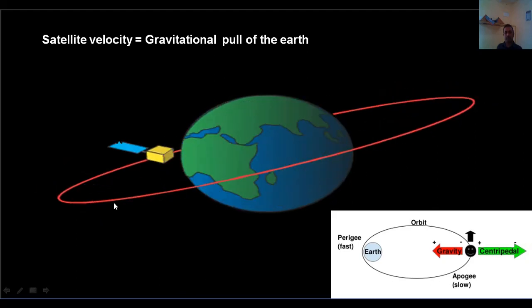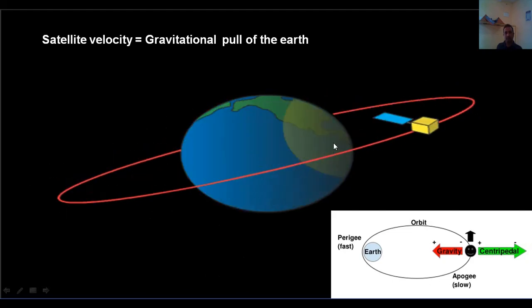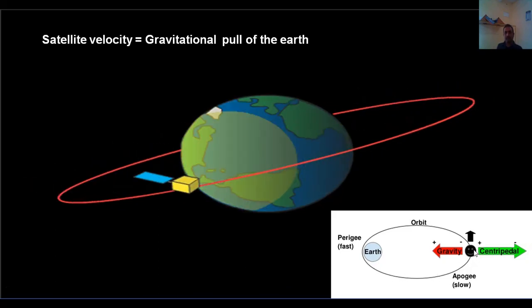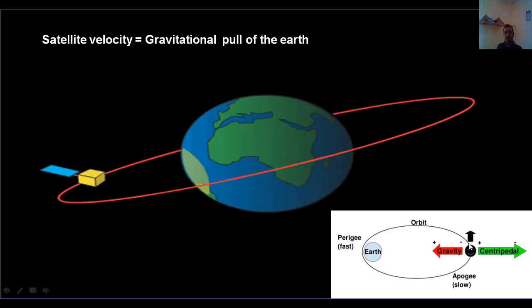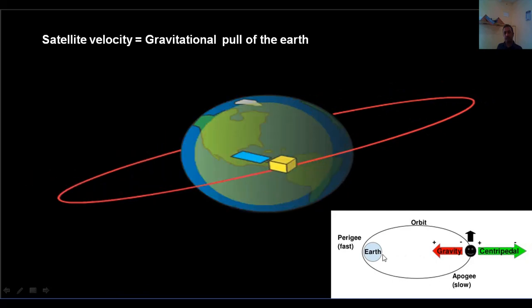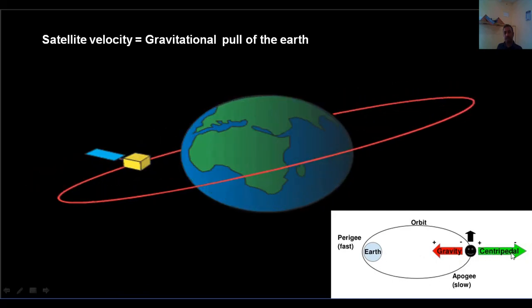So, why does the satellite move around a circular path? Because if an object is moving along a circular path, two forces act on it. One is gravitational force towards the earth surface, another one is centripetal force away from the earth surface.